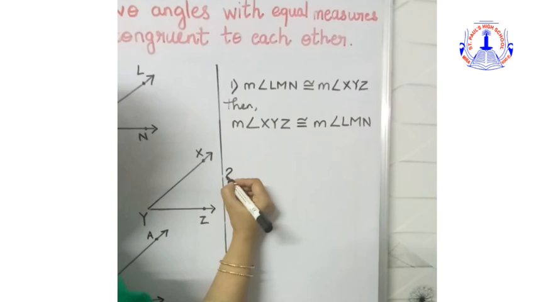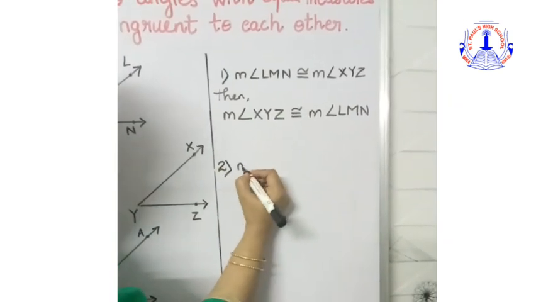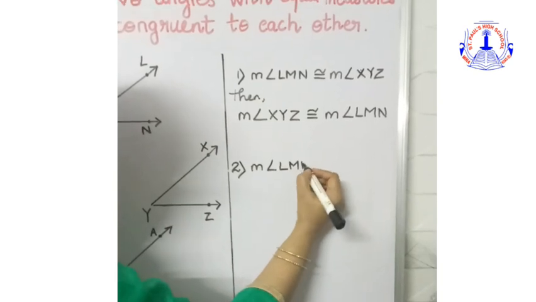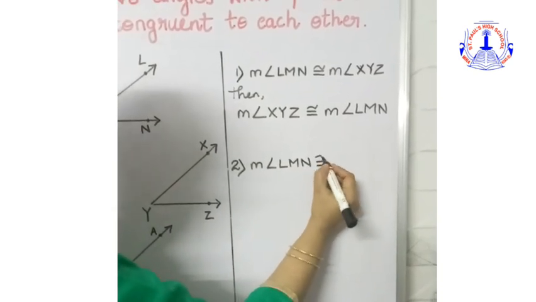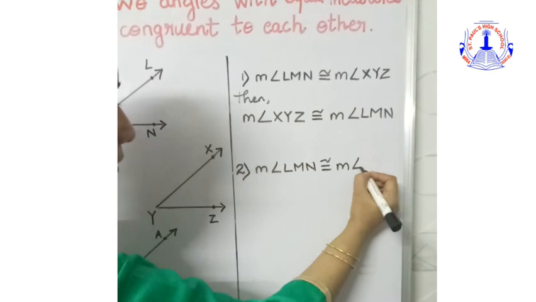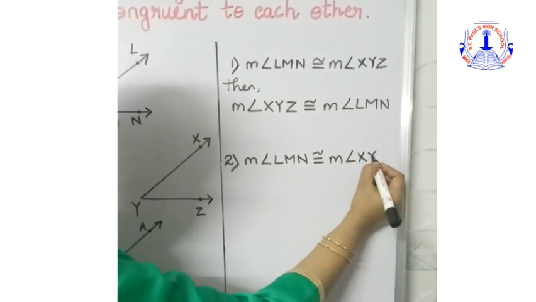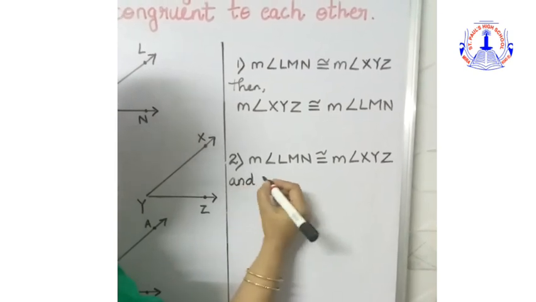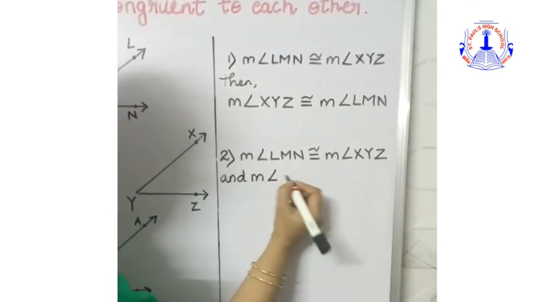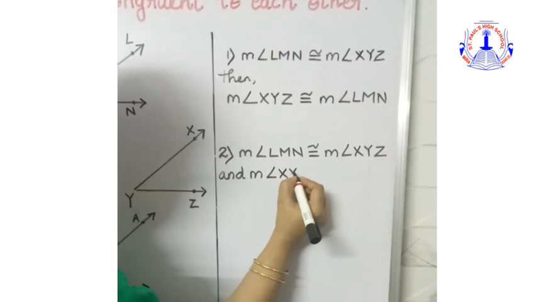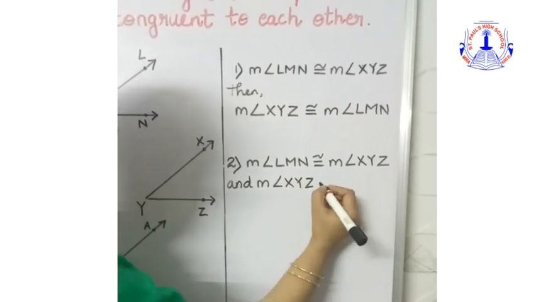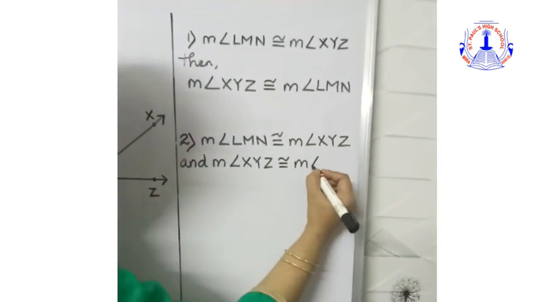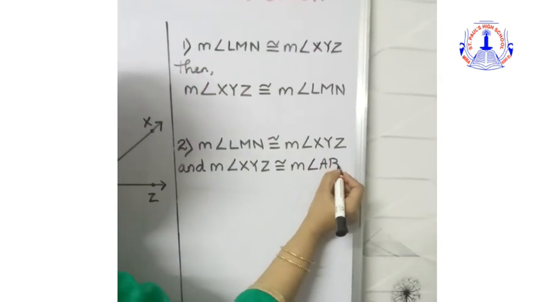Now the second point, if the measure of angle LMN is congruent to measure of angle XYZ and measure of angle XYZ is congruent to the third one, measure of angle ABC.